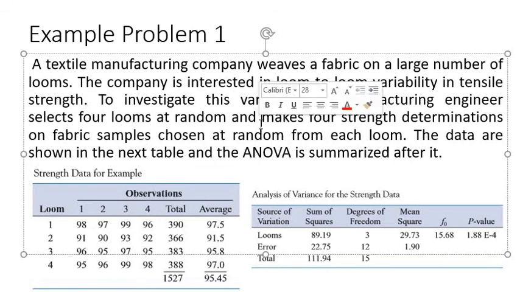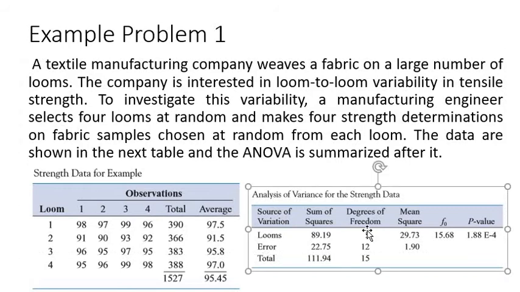It is the same procedure as in our lecture 1 to come up with this. The sum of squares is summarized here, and the format is the same. So for the looms, you have 89.19 as the sum of squares, degrees of freedom 3, mean square 29.73, and the F statistic.